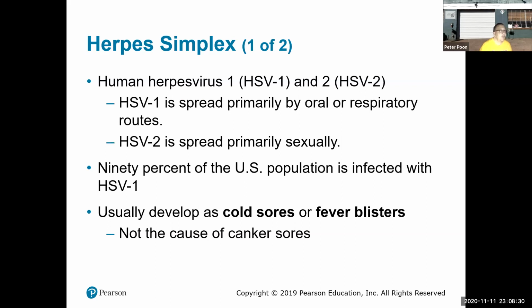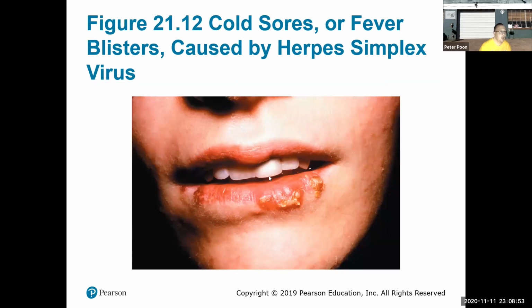Herpes simplex. There are two types of herpes simplex. This way: herpes simplex 1 above the waist, herpes simplex 2 below the waist. 90% of the U.S. population is filled with HSV1.